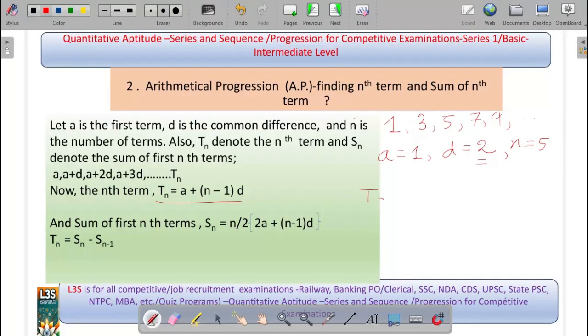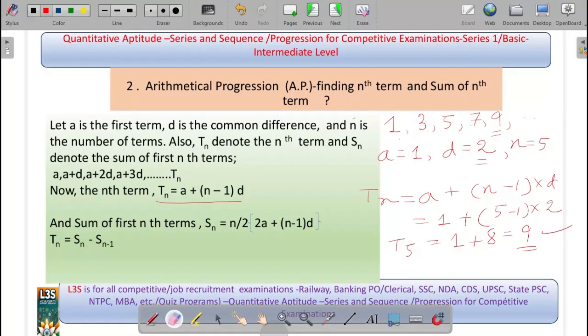Tn is equal to a plus n minus 1 into d. What is a? 1. n is equal to 5. So 1 plus 8, that means 9. So the fifth term, T5, is 9. 1, 2, 3, 4, 5. Fifth term is 9. We can cross check it this way.